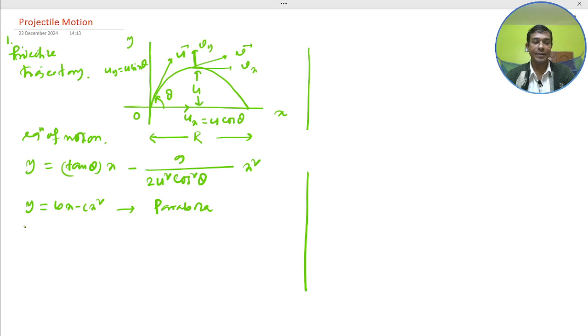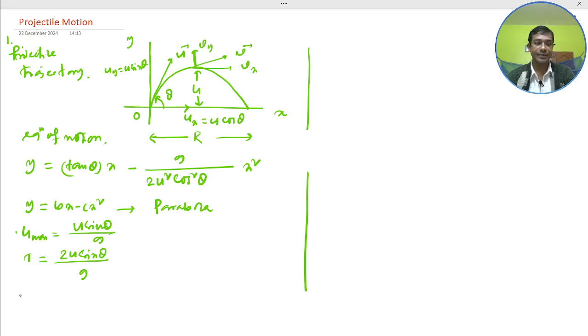And here the maximum height is u sin theta by g, put theta 45 degree. Total time of flight is T, 2u sin theta divided by g.